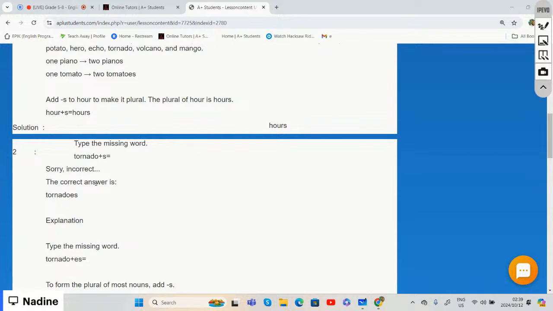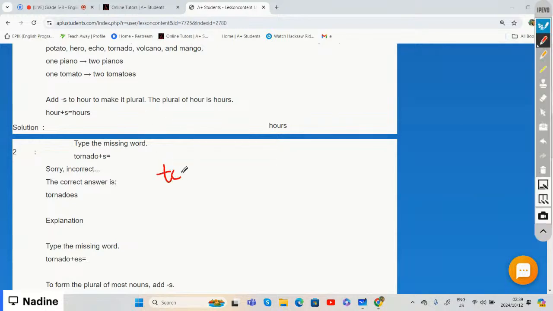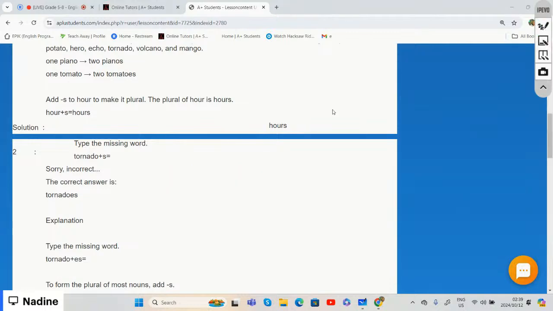All right, so we need to write down the plural form of tornado. Tornadoes. Yes, one tornado, but two tornadoes. We added an es to that word to show the plural form.